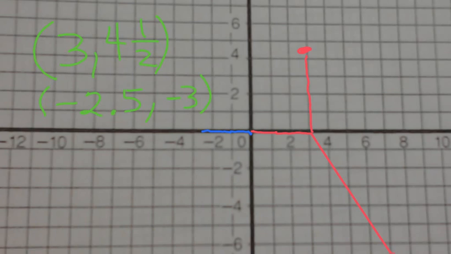The lines are the numbers. And then I'm going to go down 3 because it says negative 3. So down 1, down 2, down 3, and there's where that point ends up. Okay, so it's okay if you have a fraction one.